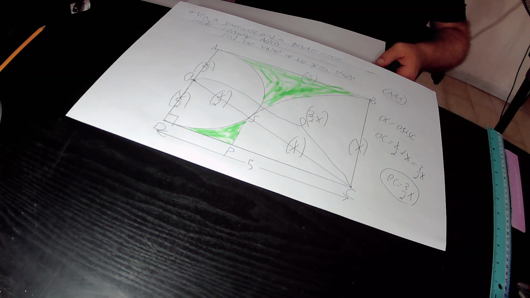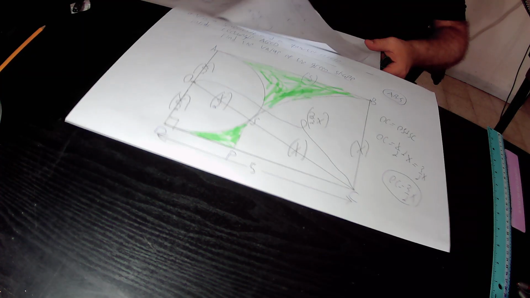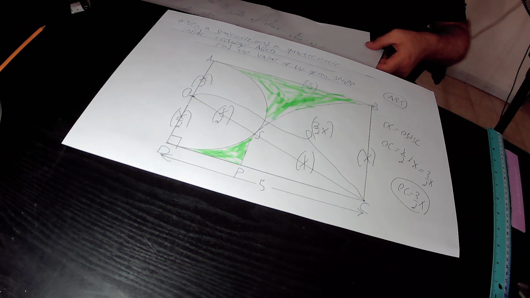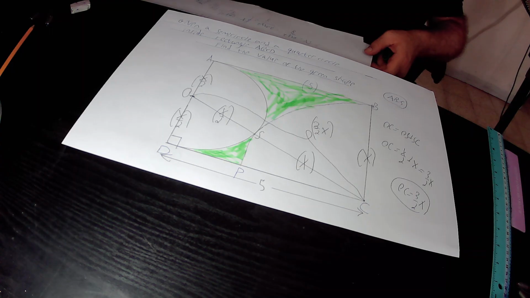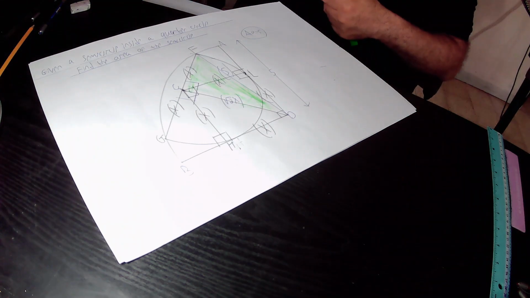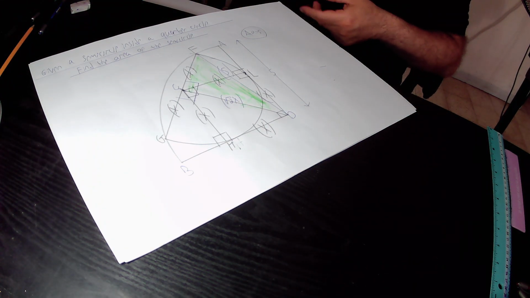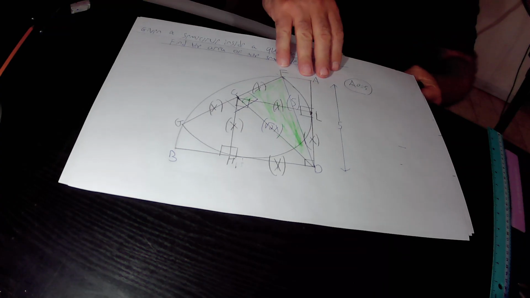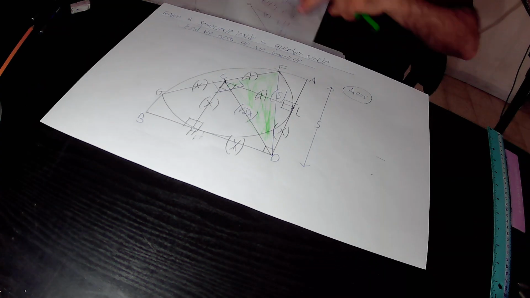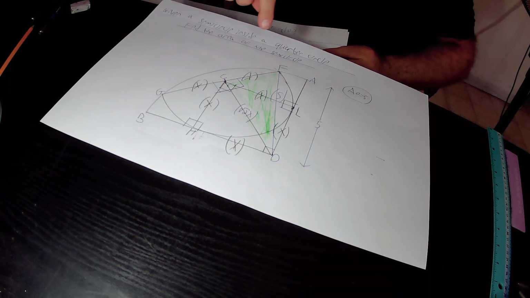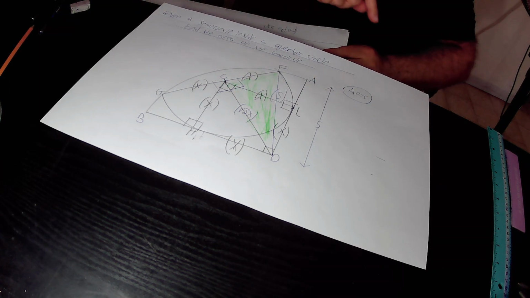We'll start with the first question, of course. In the first question, we found out the area of this semicircle that is inside this quarter circle.